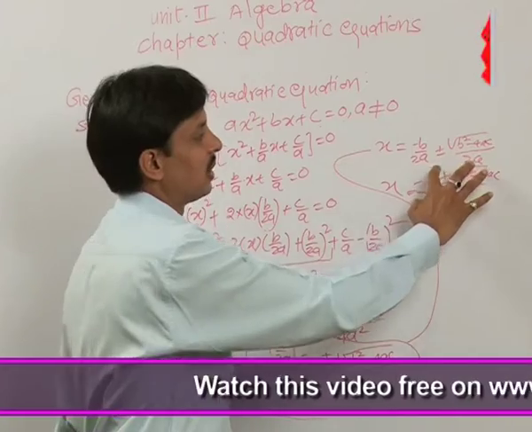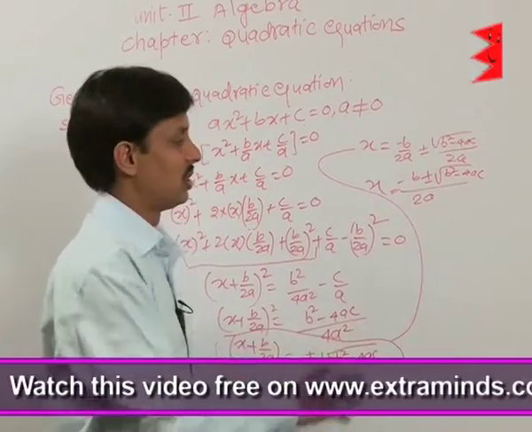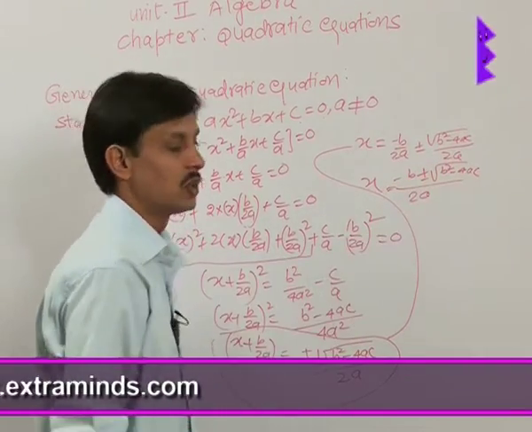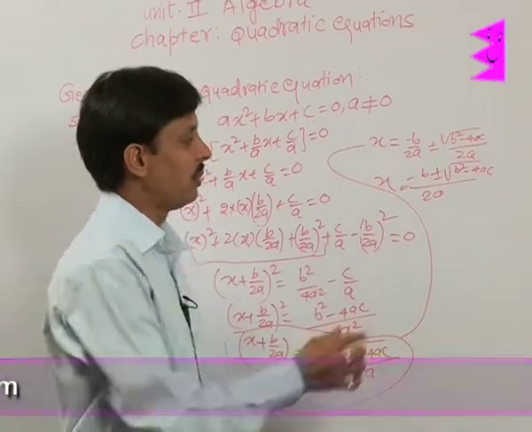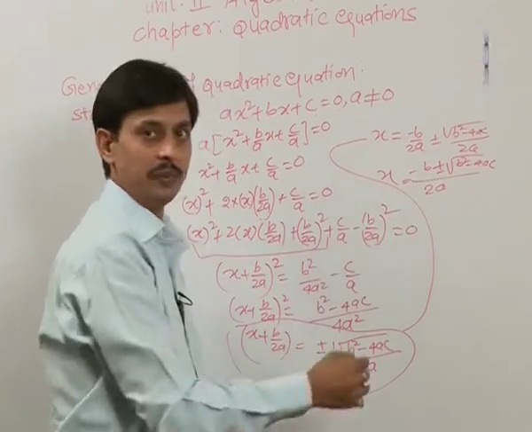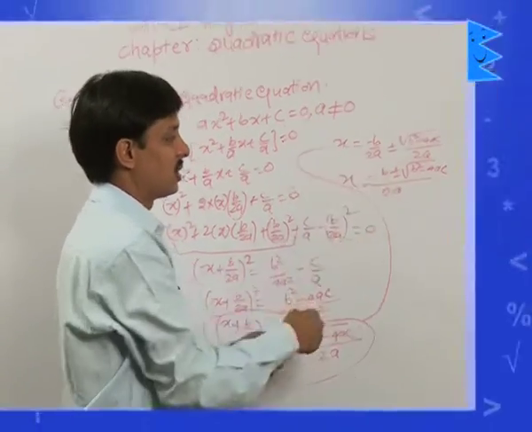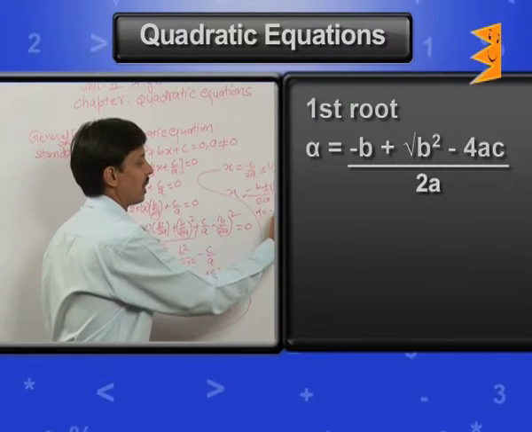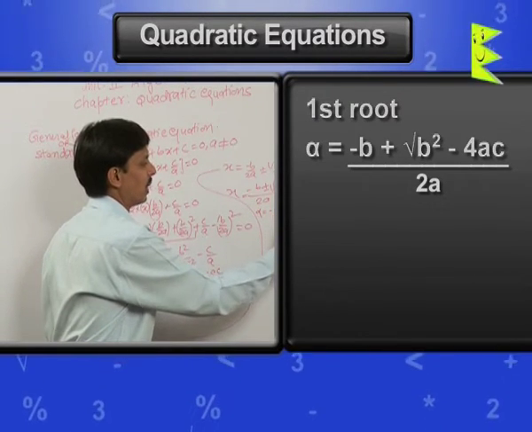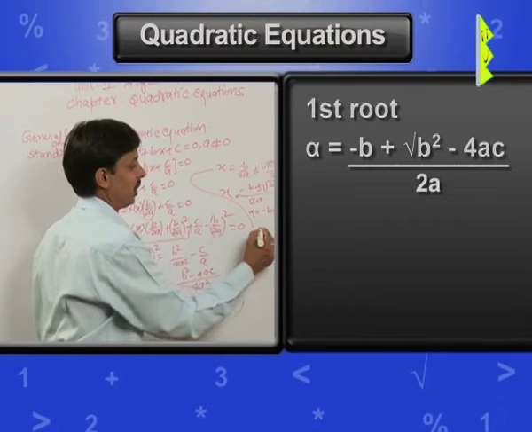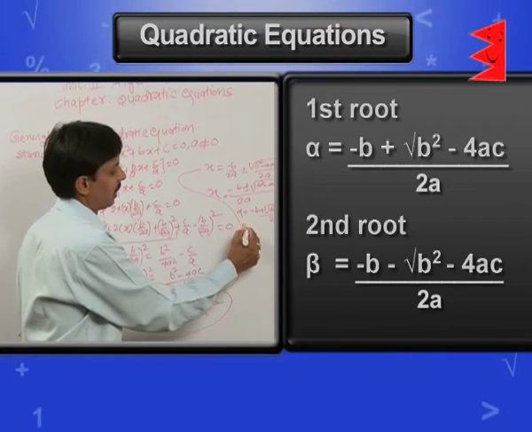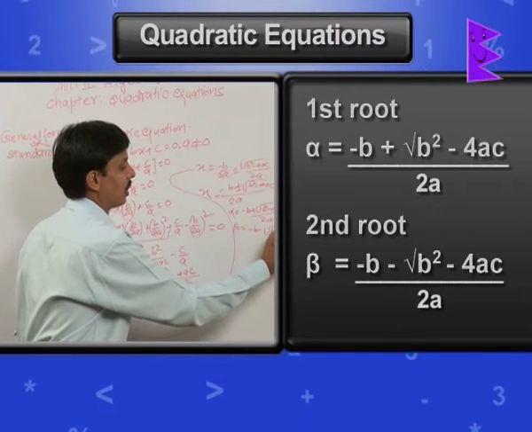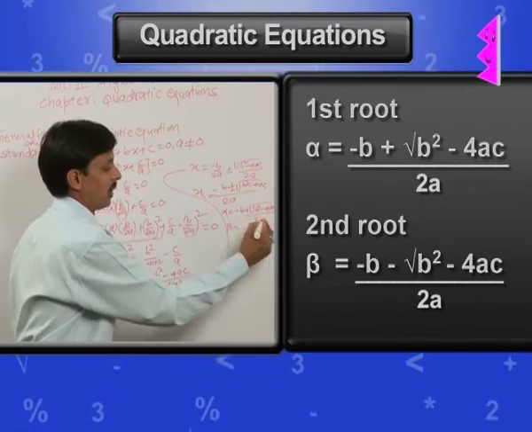The 2a is the common LCM, so this becomes minus b plus minus root of b square minus 4ac, all upon 2a. Now it is very clear from this relation that the first root alpha is equal to minus b plus root of b square minus 4ac upon 2a, whereas the second root beta is equal to minus b minus root of b square minus 4ac upon 2a.